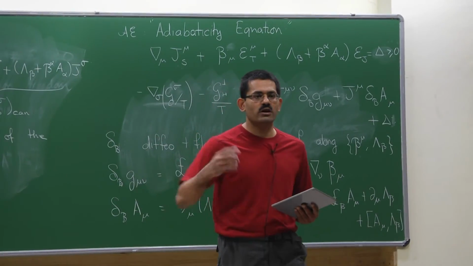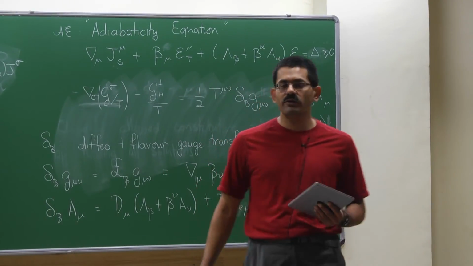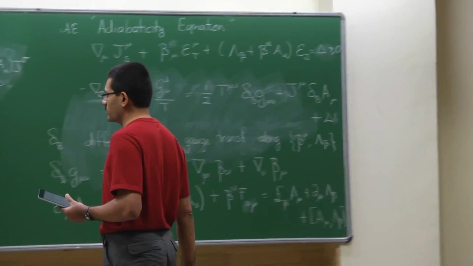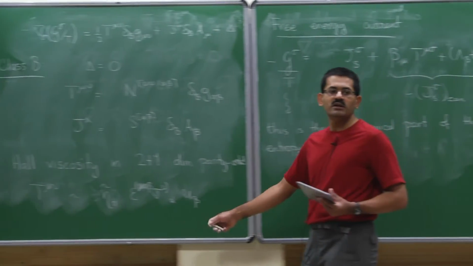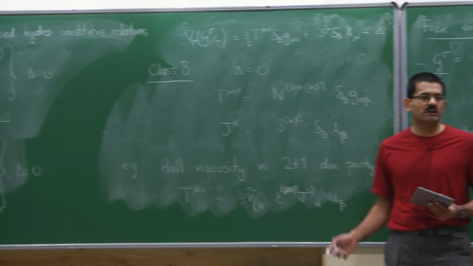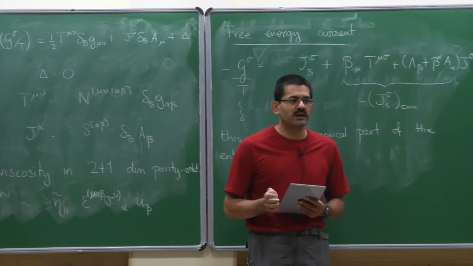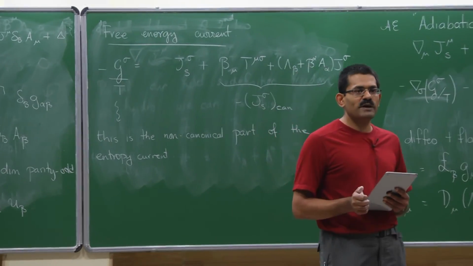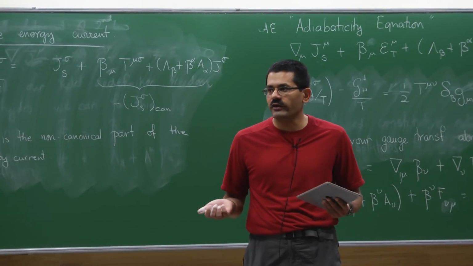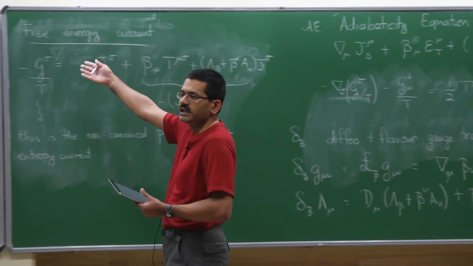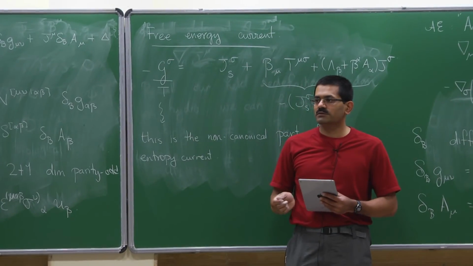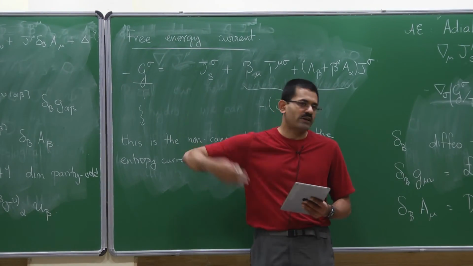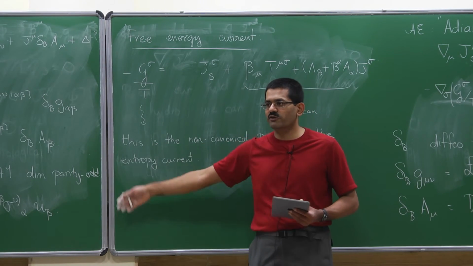If you have parity odd, you have an epsilon symbol in 3 dimensions, and you can use the epsilon symbol to contract the shear tensor and a velocity field. It's a one derivative object. It shows up at one derivative level in parity odd fluids. Hallmark of this is that it doesn't produce entropy because delta is 0. You can have a flow along this and it doesn't produce entropy.